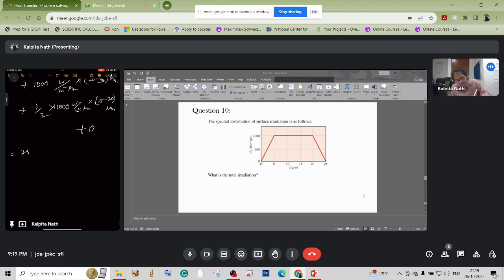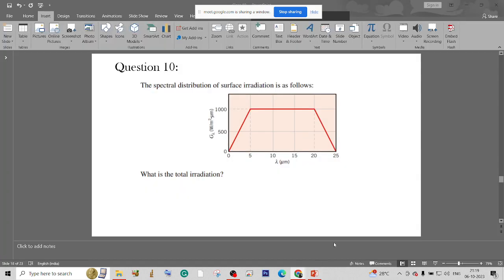There is nothing under the curve on the last part, that's why 0. So this is 2500 plus 15,000 plus 2500 watt per meter square. So this is 20,000 watt per meter square. Yeah, so it's done. 20,000.